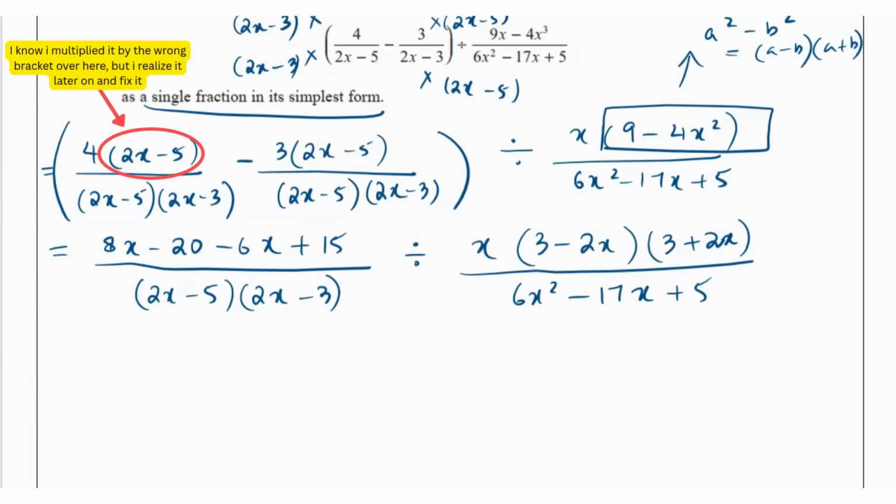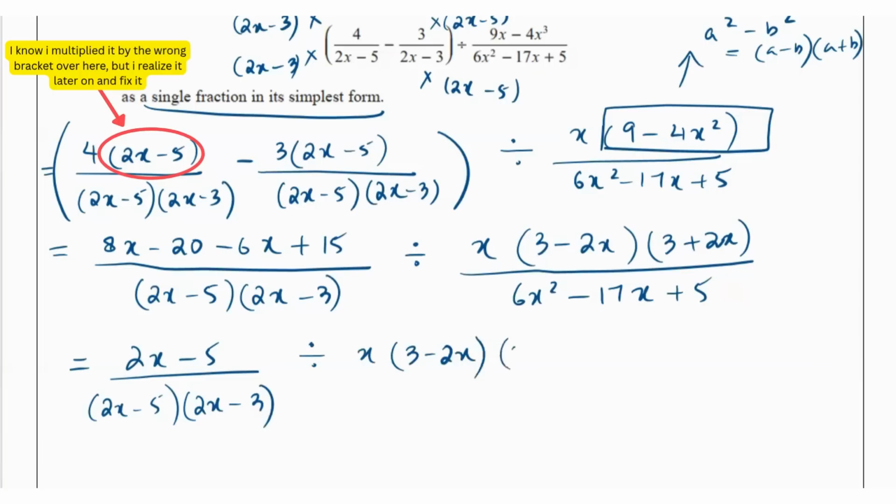So 3 minus 2x times 3 plus 2x. Okay, so the first fraction is 2x minus 5 over 2x minus 5 times 2x minus 3, divided by x times 3 minus 2x, 3 plus 2x, over 6x squared minus 17x plus 5.